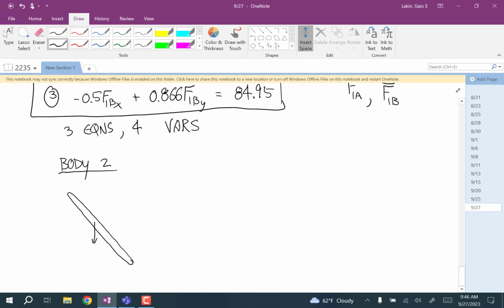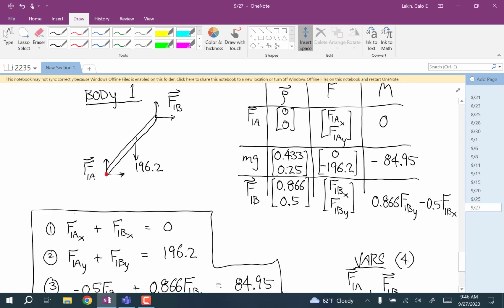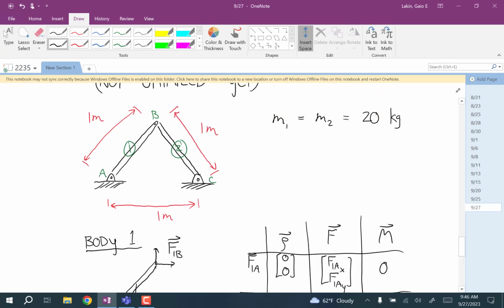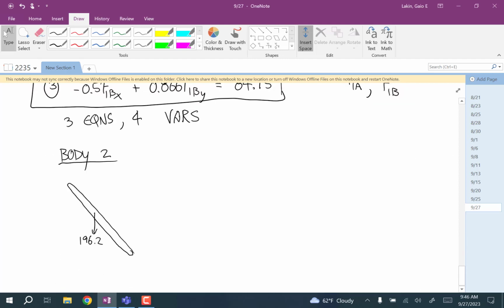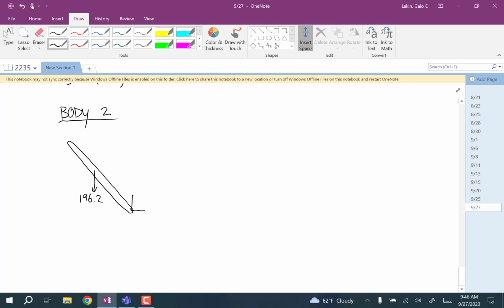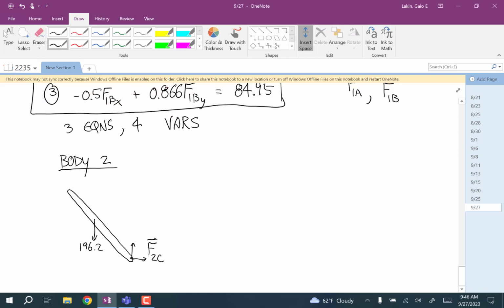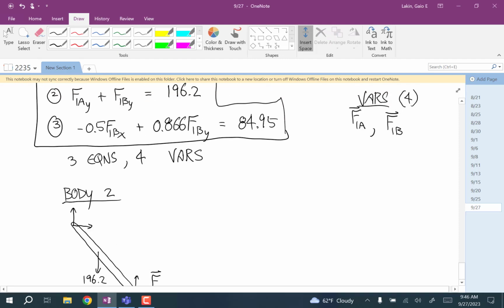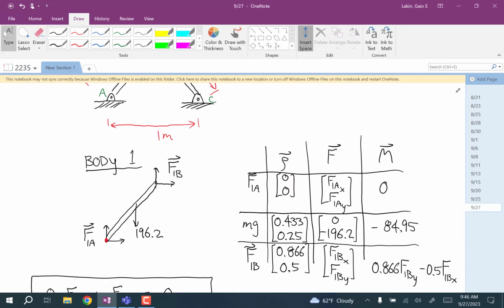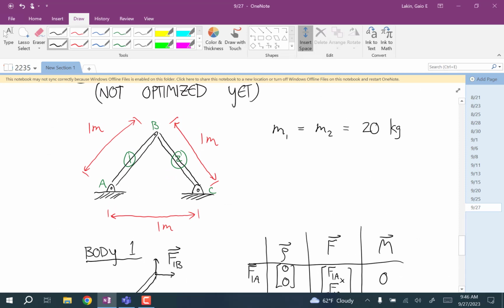There's a weight force of 196.2 again. Down at C, the only thing that body is touching is that pin C. So here we have the force onto by C. And here, we're assuming that member 2 isn't touching member 1.